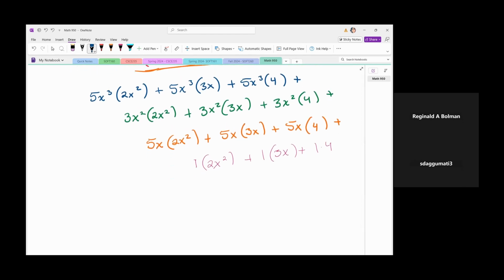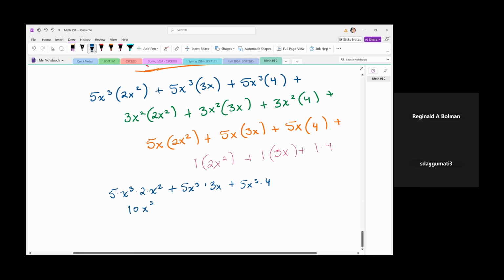You have to start at the beginning, 5x cubed multiplied with 2x squared. You can, of course, remove all of the parentheses. And if we just look at our first terms, then what you've got is 5 times 2, which is 10.